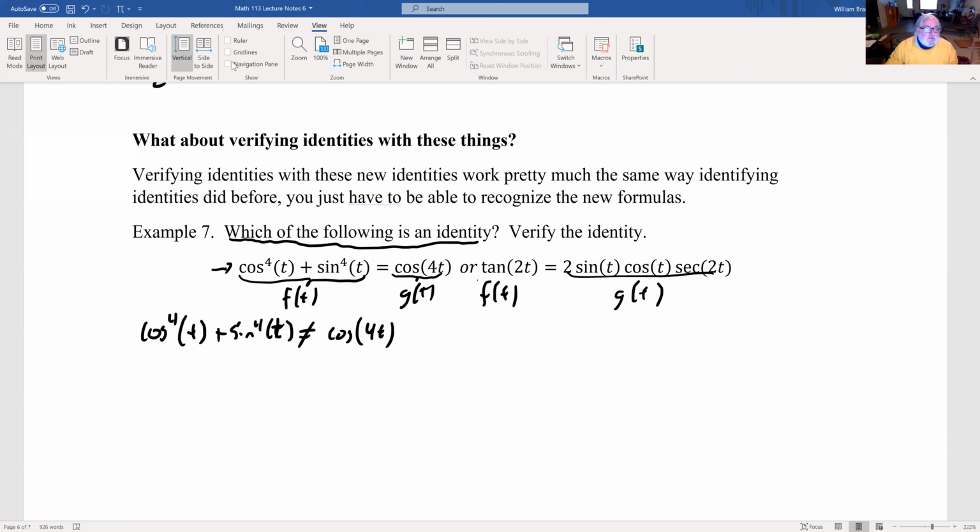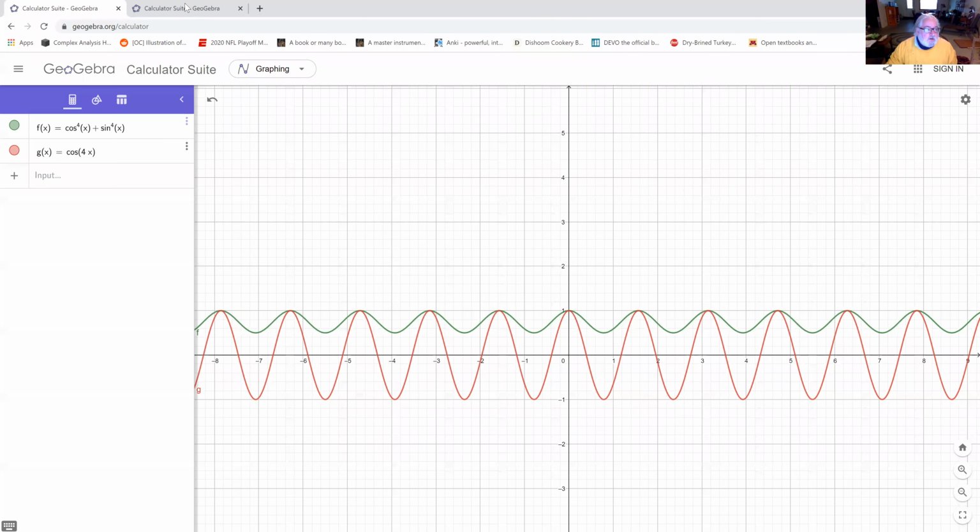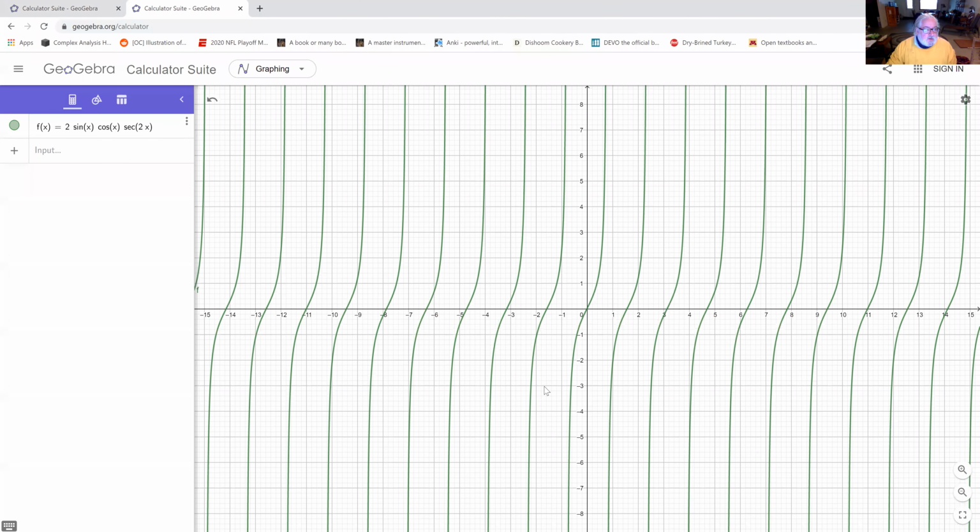So let's go back to GeoGebra. Here we are. Actually, we want to look at this one. So this is 2 times sine x times cosine x times secant of 2x. That was one side of that equation. The other side that we wanted to look at was, is this equal to tangent of 2t?